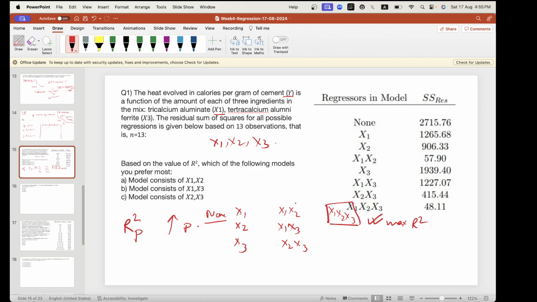If nothing is mentioned, the best r square would be given by the full model.